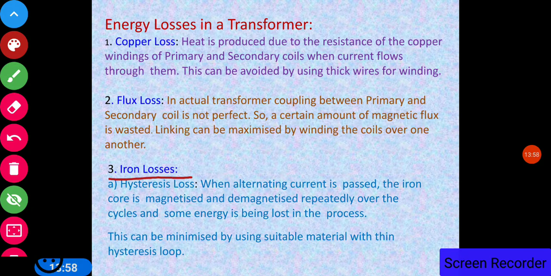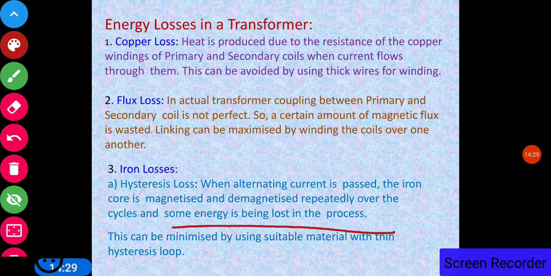Now iron losses. Iron losses are of two types. One is the hysteresis loss. Whenever alternating current is passed, the iron core is magnetized, and it is also demagnetized repeatedly over the cycle. When it is magnetizing and demagnetizing over a cycle, some energy is wasted in this process, and this is known as the hysteresis loss.